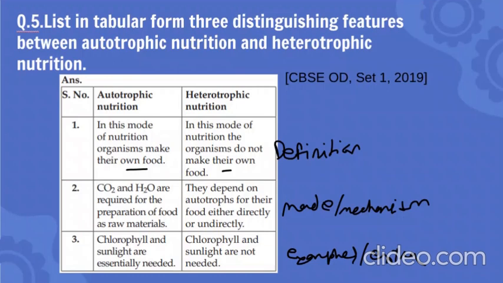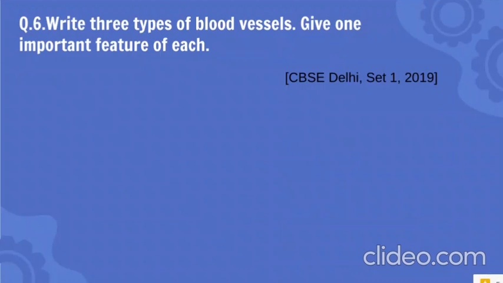Okay, now next question. Write 3 types of blood vessels. Give one important feature of each. This is a 5-mark question because you have to write in detail. So see, what are the different types of blood vessels? There are 3 types of blood vessels. First one is arteries, correct?